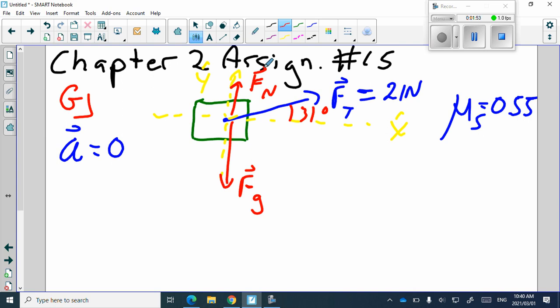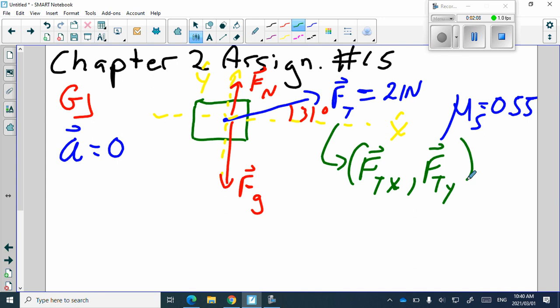And then I think what would be smart for you kids to do is calculate force of tension, right? X component. Like an ordered pair, you can use it as you want. Force of tension, Y component. I strongly suggest you do that.